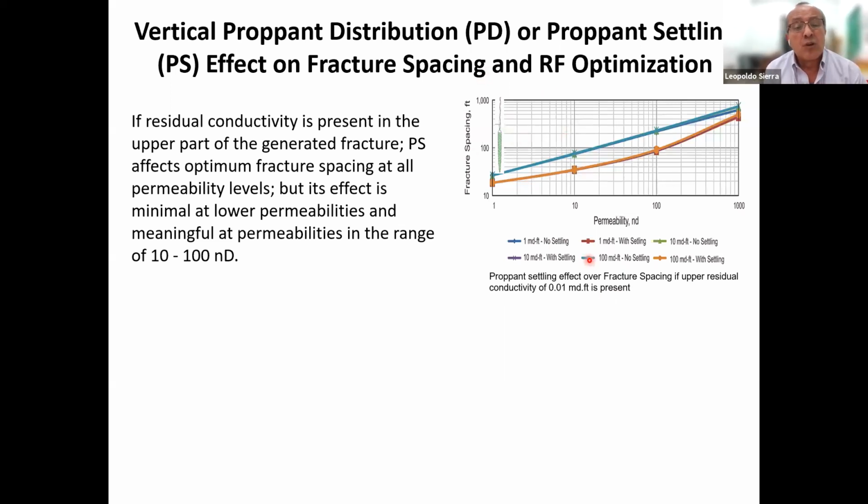The proppant settling is only going to be really important for low permeability reservoirs. But if you have higher permeability, in the range of 10 to 100 nanodarcies, the proppant settling or the residual conductivity is not going to be totally important.